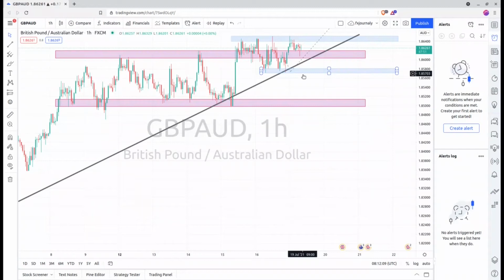But what I think might happen, because again, I am following the trend line, is that price is going to come down to around this area right here, by the trend line, which is a little bit above the support area. Price might spike into that area right there and reject again towards the bullish side, and continue upwards towards the resistance area and possibly beyond that area.